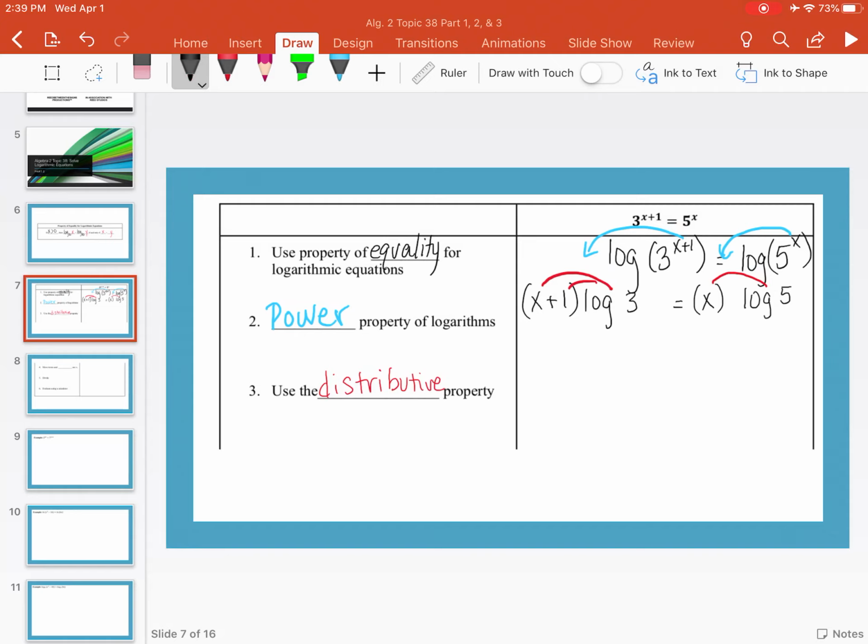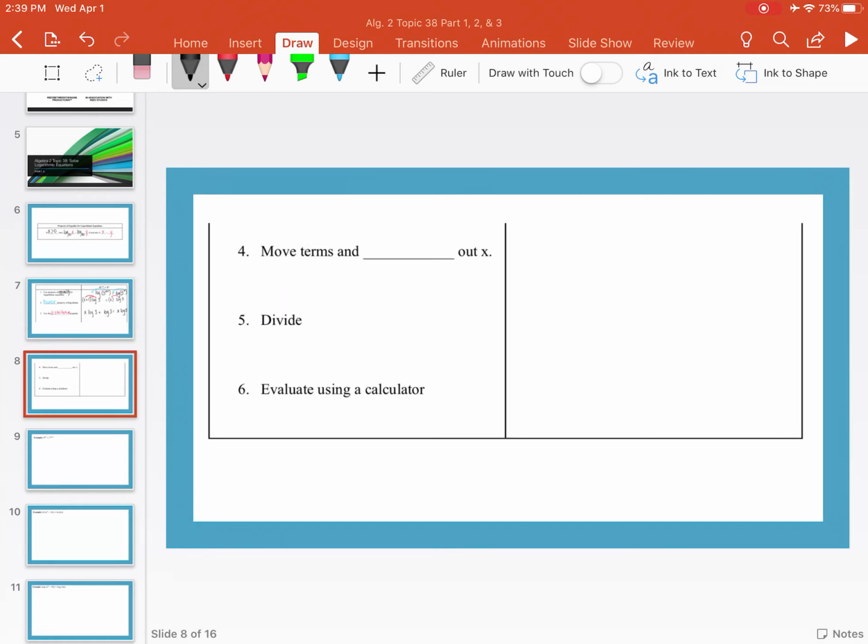So we would end up with x times log of 3 plus 1 times log of 3, or just log of 3, equals x times log of 5. So I'm going to rewrite that for this slide. So we have x log of 3 plus log of 3 equals x times log of 5.